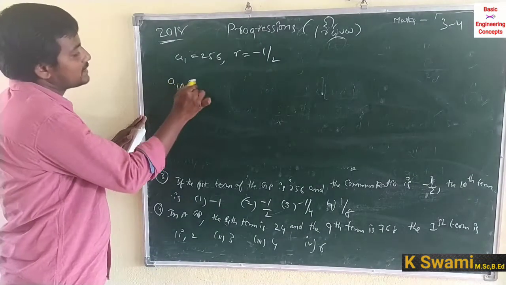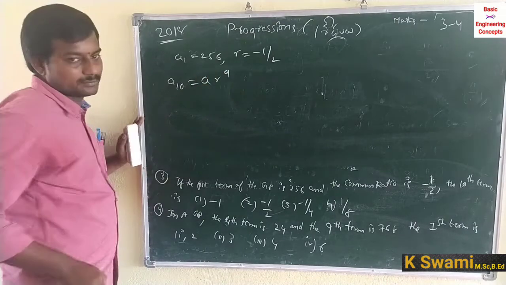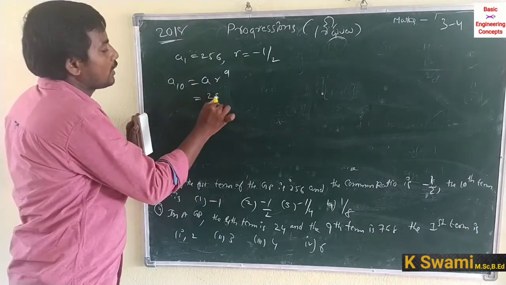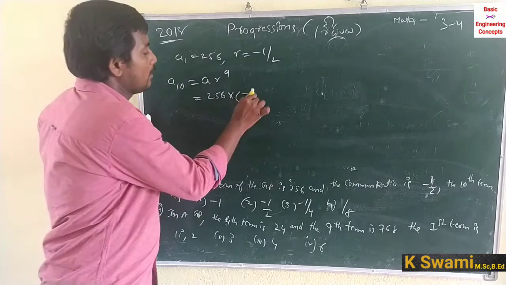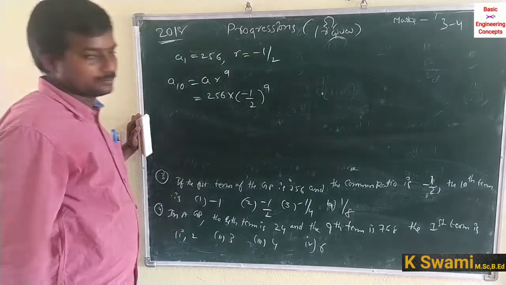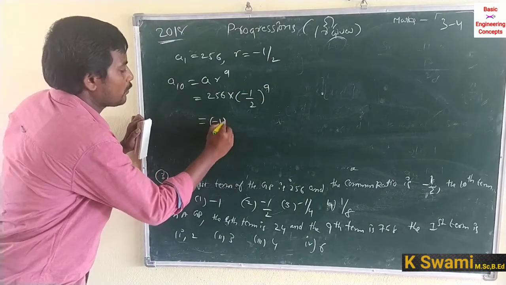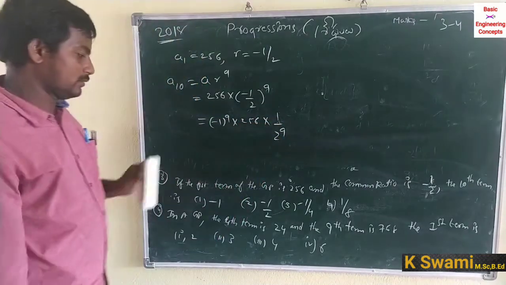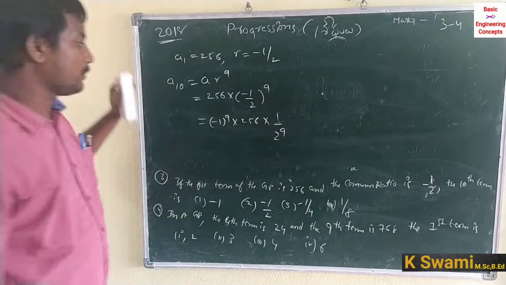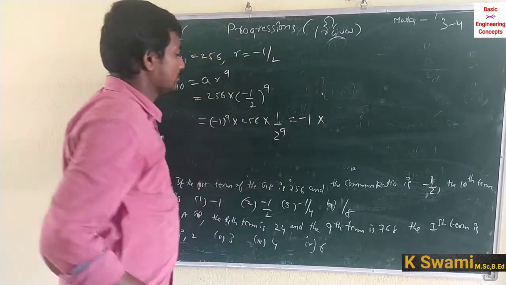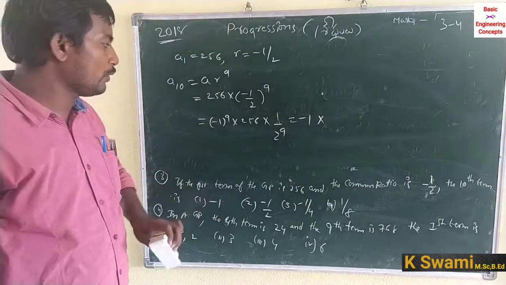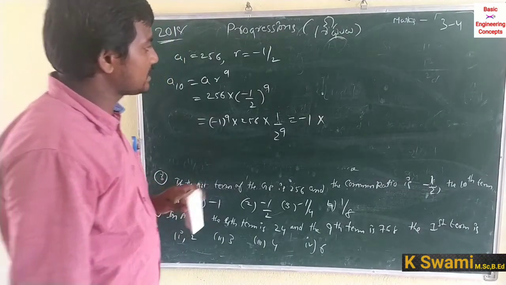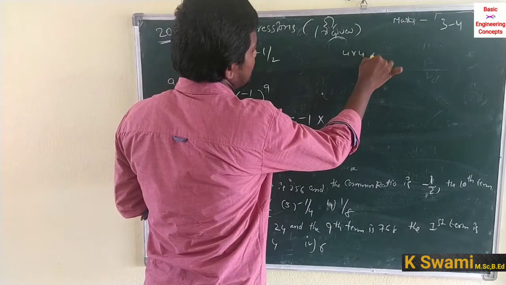We know that a10 is equal to a into r power 9, so means a into r power n minus 1, 10 minus 1, 9. So a means 256 into r means -1/2 whole power 9. That is equal to -1 power 9 into 256 into 1/2 power 9, so -1 into 1/2 power 9. 2 power 9 means 2 power 8 is equal to 256, because 4 into 4 is 16, 16 into 16.